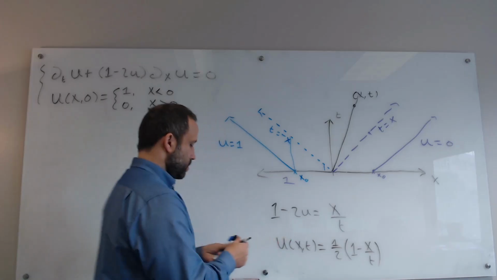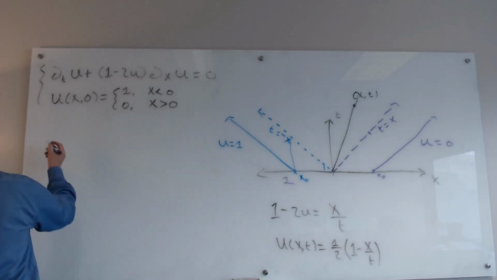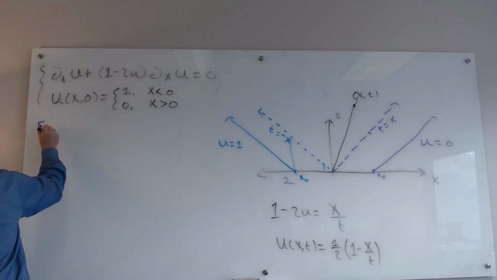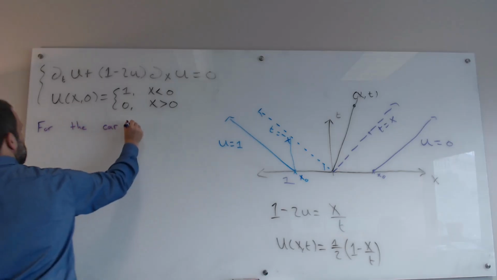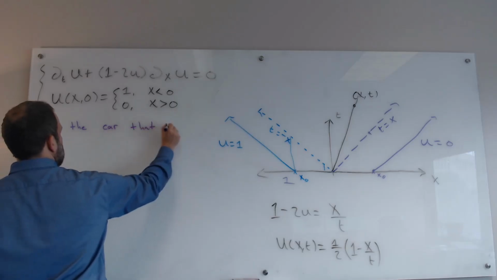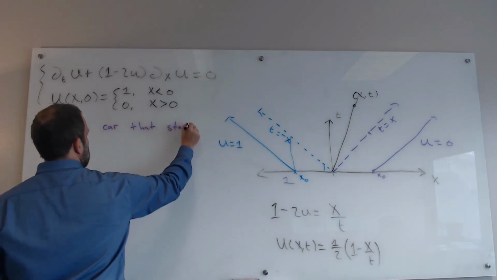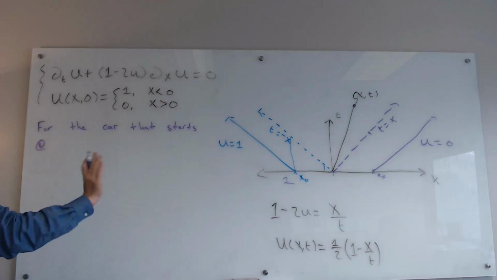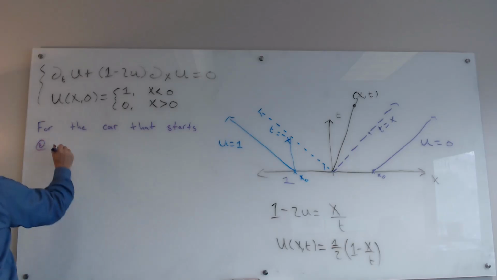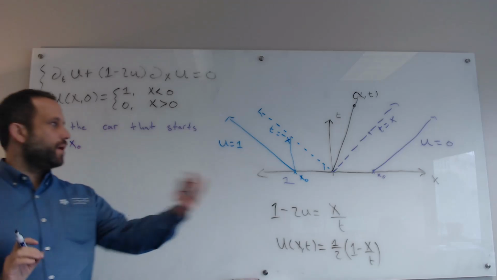So in other words, for the car that starts at, and I'm going to abuse notation a little bit here, for the car that starts at location minus x0. So I want x0 to be a positive number.